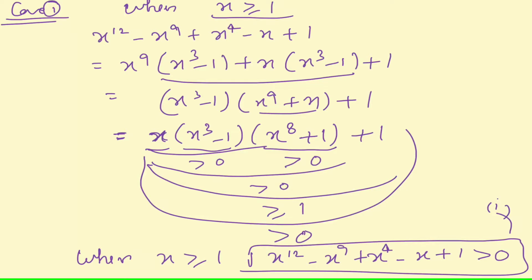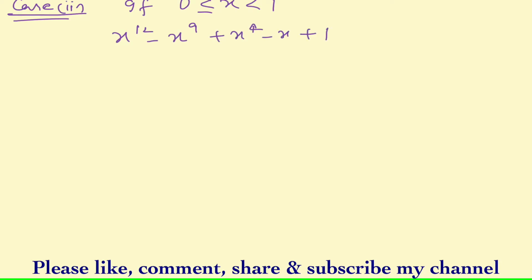Now we are going to the second case. Case second is if x is between 0 and 1, x greater than or equal to 0, less than 1. Then what is the nature of this? That is x to the power 12 minus x to the power 9 plus x to the power 4 minus x plus 1. In this case we take x to the power 12 plus x to the power 4 common, that is 1 minus x to the power 5, plus 1 minus x.